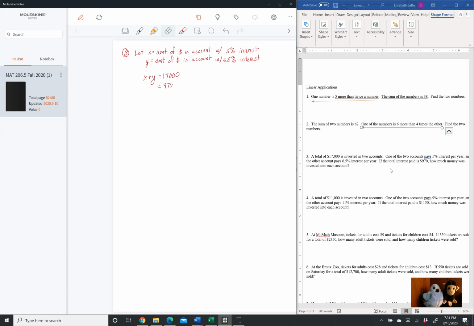The interest in the first account with 5%, well, in order to find 5% of the money in the first account, we take the amount of money in the first account and we multiply it by 0.05. And in the second account, it's 6.5% interest, so we multiply it by 0.065. You divide by 100.